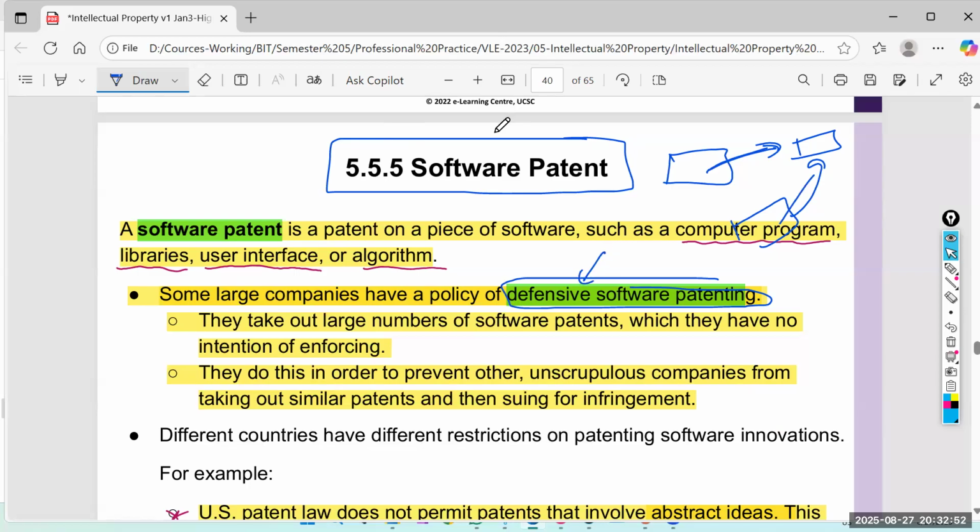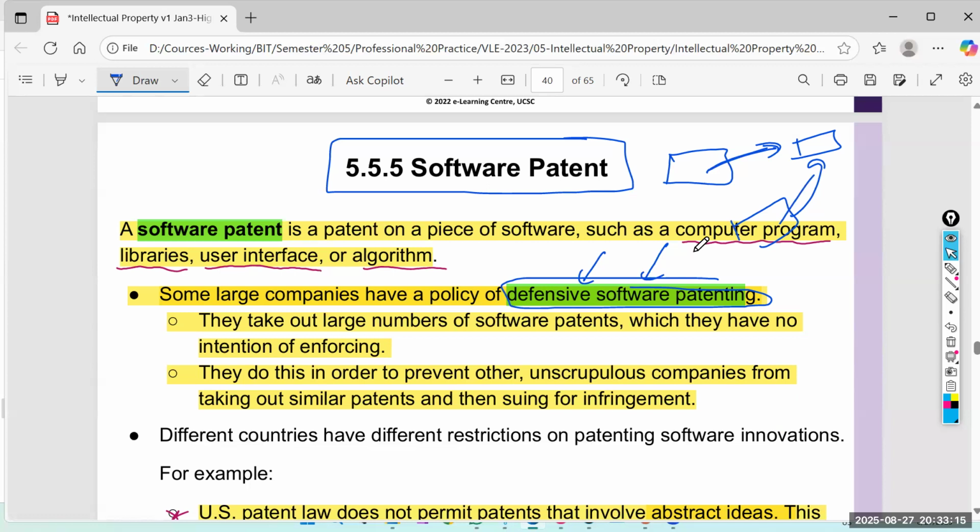So in order to prevent that, some companies go for software patenting not because they are really serious about that patent, but because they are worried that someone else will get the patent and you can't use it. So that kind of behavior is called defensive software patenting.